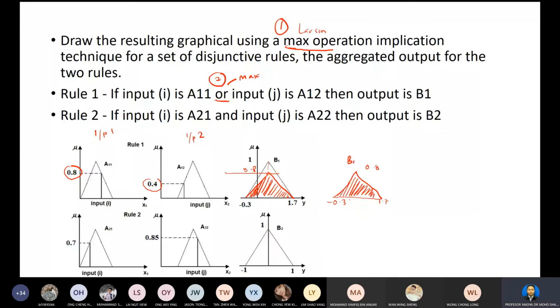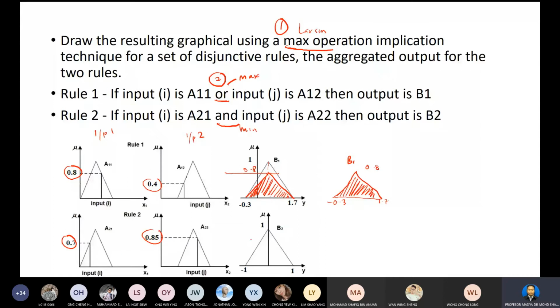Then for rule number 2, check the connection. We use the AND, so we have to select the minimum. So you compare 0.7 and 0.85. The minimum is 0.7.